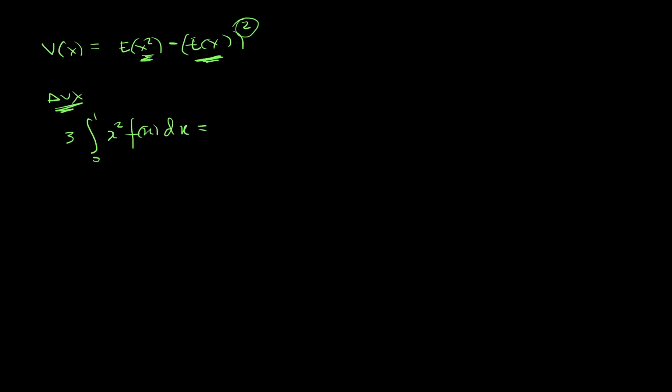Doing the same thing, 3, from 0 to 1, the expression is x squared, and now you're multiplying it with x squared, so it's x to the 4th power dx. You use the exact same method to solve this. This is the same as having x to the 5th power divided by 5 from 0 to 1.